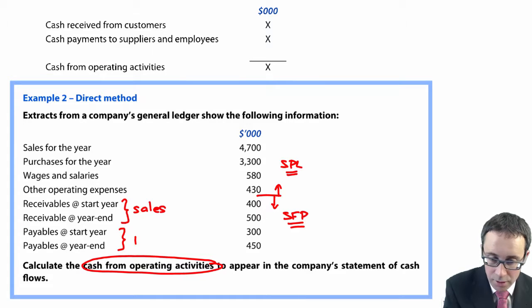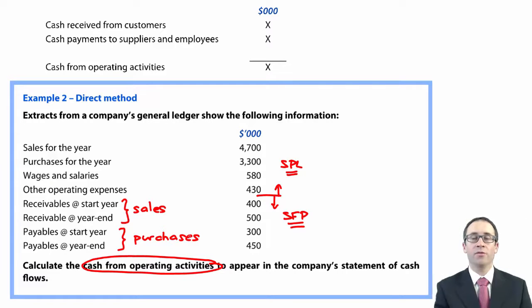And then your payables you can link into your purchases, and once you have that, you can work out the cash payments that you've made to your credit suppliers.